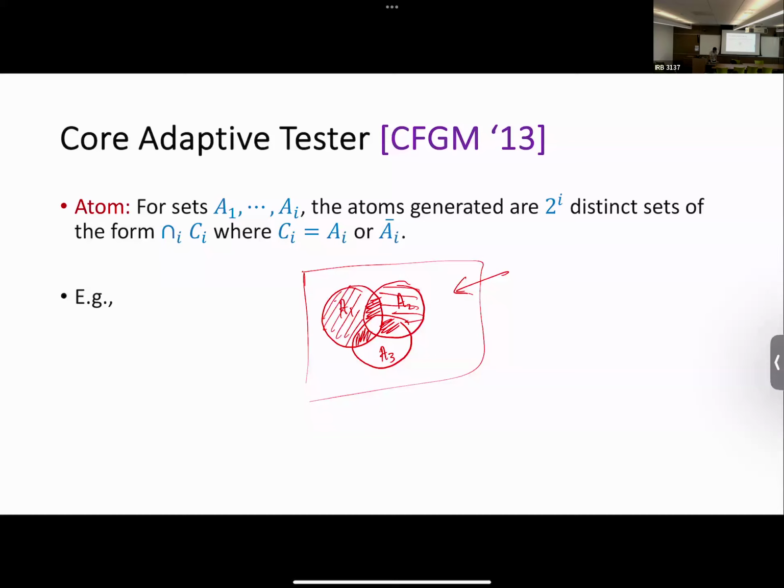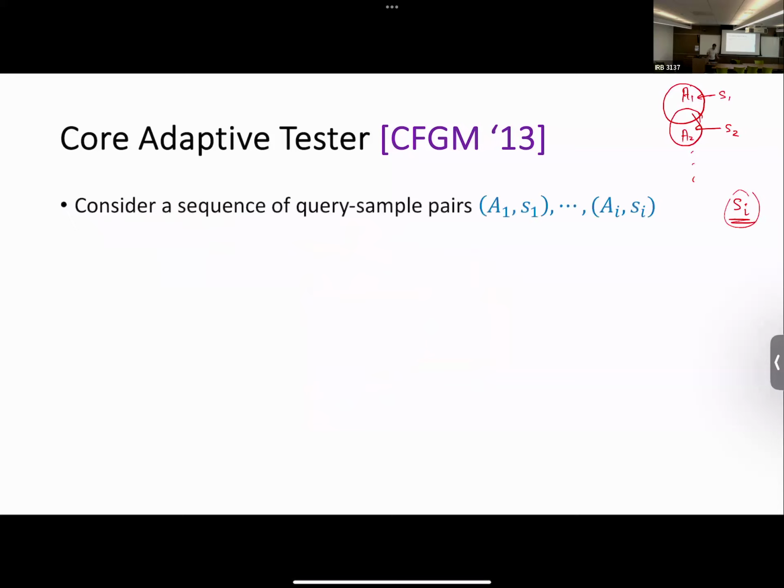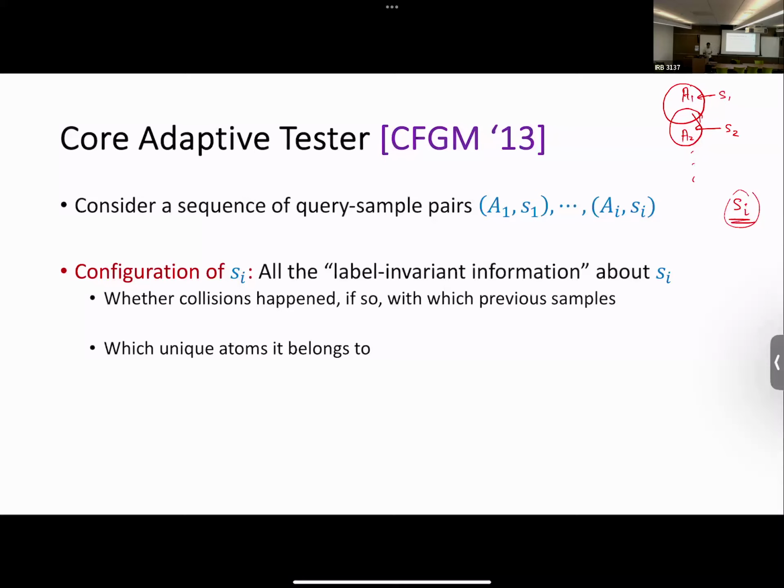Now for Si, I want to know in which atom it belongs. Suppose I say Si belongs to here, so it belongs to both A1 and A2, but it doesn't belong to the third. So this is one piece of information we actually have to use.